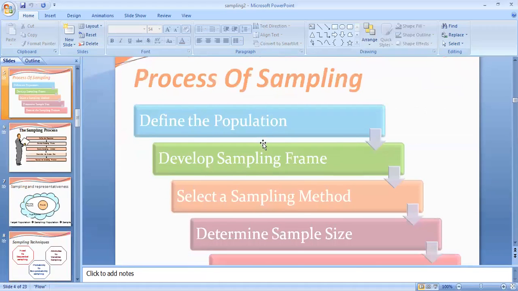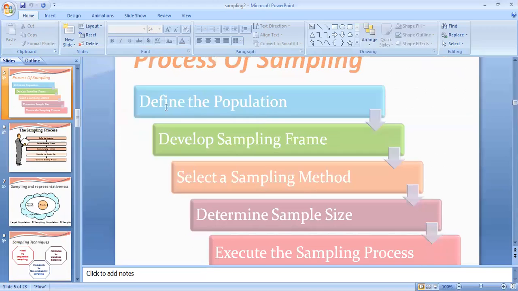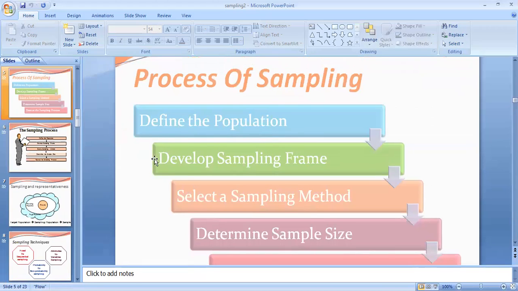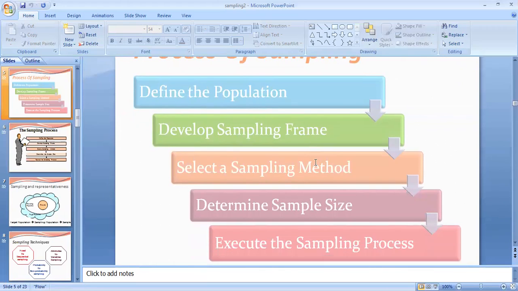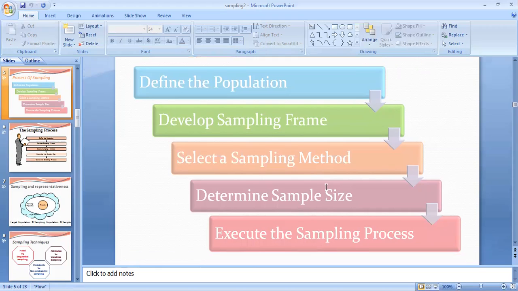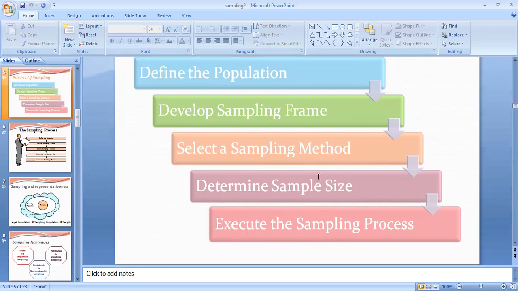The process of sampling: first of all we have to define a population, then develop a sampling frame from that population. Then select a sampling method, a method to examine the sample. Determine the sample size, then execute the sampling process.